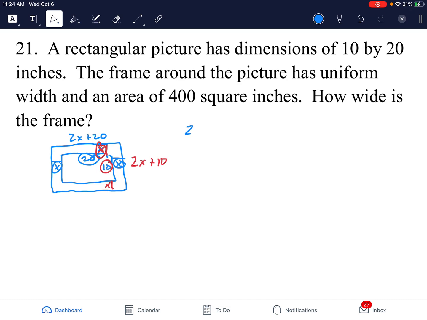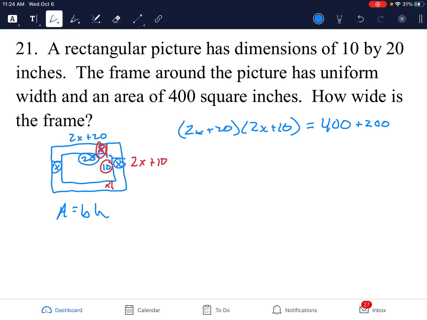Now I can make my equation. I have 2x plus 20, and I have 2x plus 10. I'm using this because to find the area of a rectangle, it's base times height. So the base is 2x plus 20, the height is 2x plus 10. That equals the area of the two things that make up this whole picture. We have the area of the frame, which is 400. We have the area of the picture itself, which is 200.